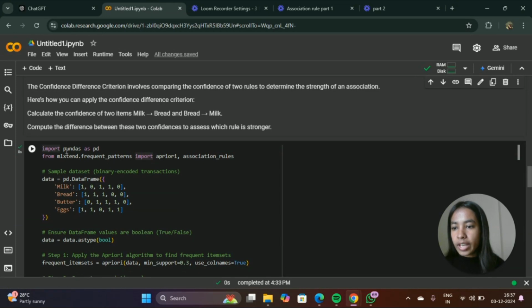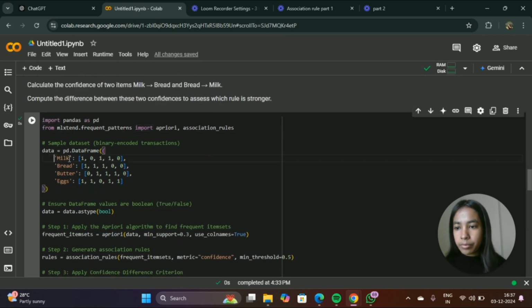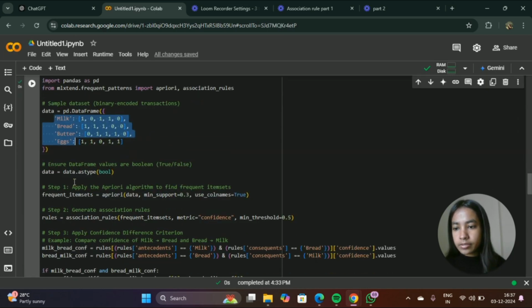In this code we import pandas as pd and from mlxtend.frequent_patterns import apriori and association_rules. This is our data set.